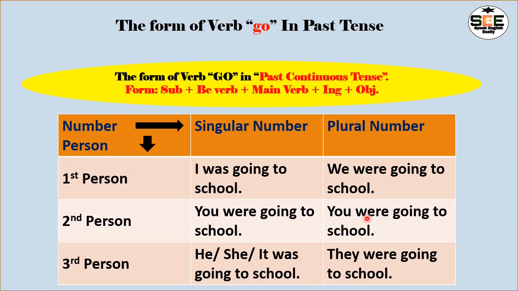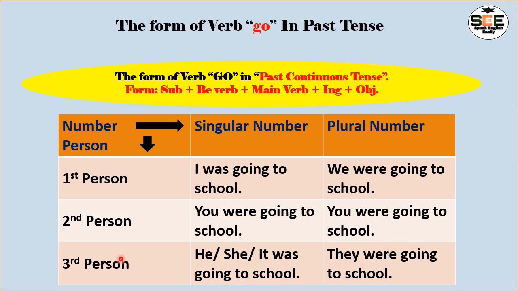As well as in the case of plural number in the second person, we can say here, you were going to school. Here also you is the subject, were is the be verb and go is the main verb, plus ing is added to make it continuous tense, and the object is school, right? So we can see here that you were going to school.